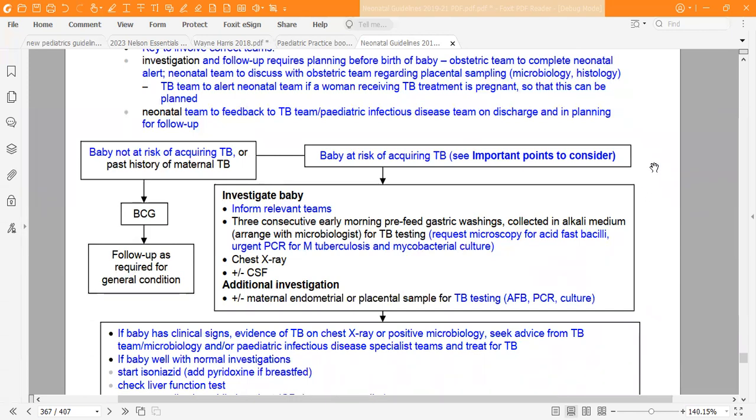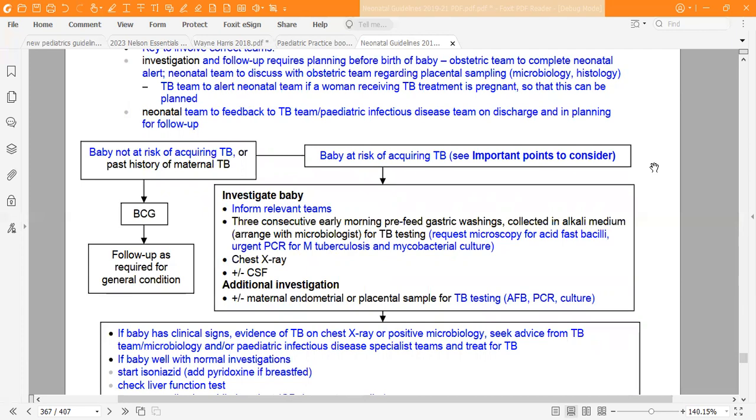If the baby is not at risk of acquiring TB, or there is a past history of maternal TB. So if we have a baby who is not at risk to catch TB, or there is a past history of maternal TB, his mom got TB and she got treatment and she is doing well at the moment, he is not at risk.